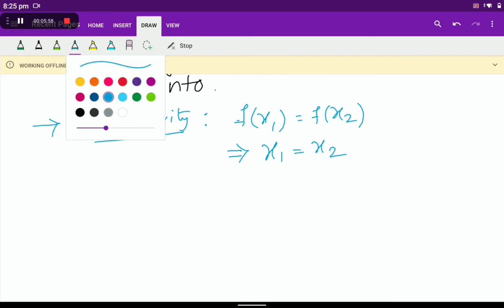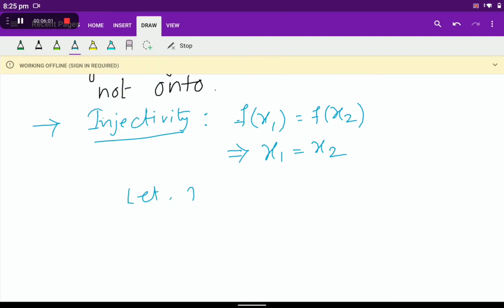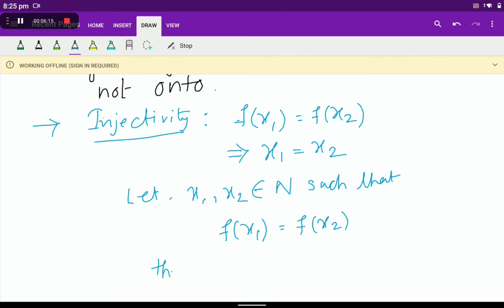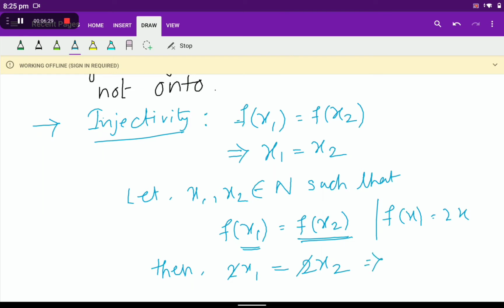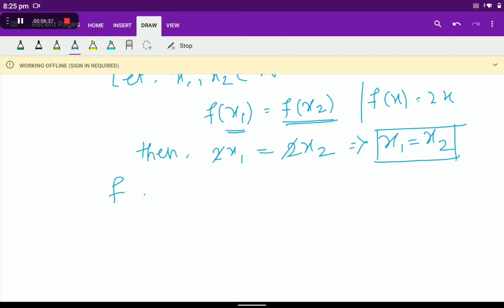Let x1 and x2 belong to N such that f of x1 equals f of x2. Since f of x equals 2x, f of x1 that is 2x1 equals f of x2 that is 2x2. Now 2 cancels, which implies x1 equals x2. So it is clear that f is a one one function.